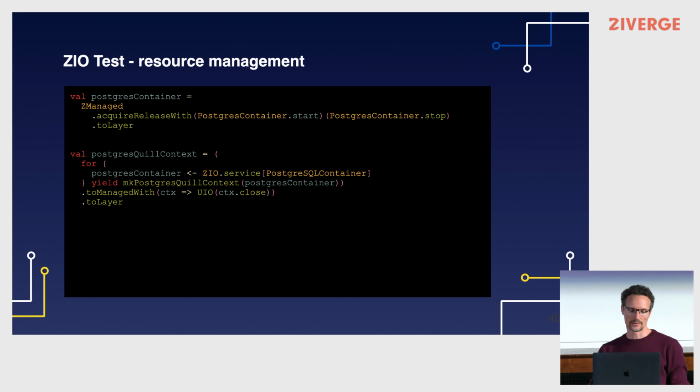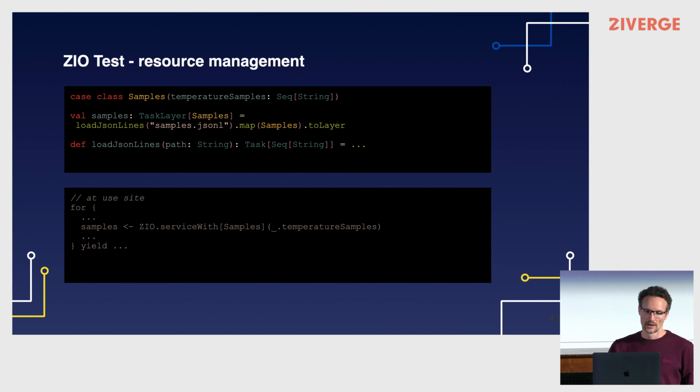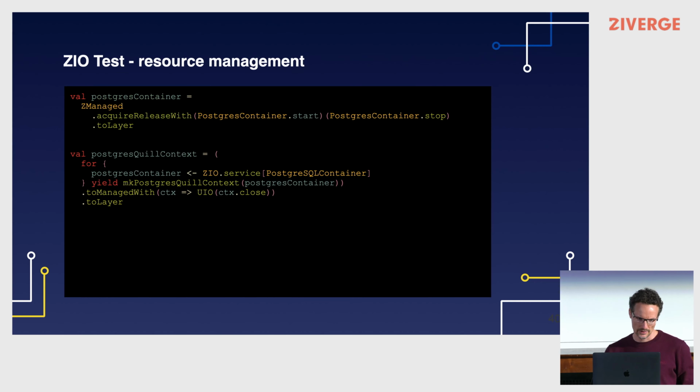Okay, let's talk about resource management or dependency management. So if you work with ZIO, then chances are that your components are already bundled up as layers. And you can do the same thing with test-specific dependencies. Here's an example. First I wanted to talk a little bit more about this.